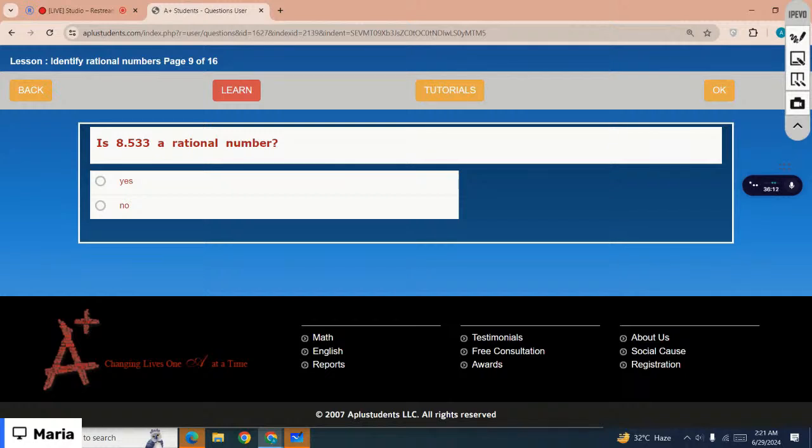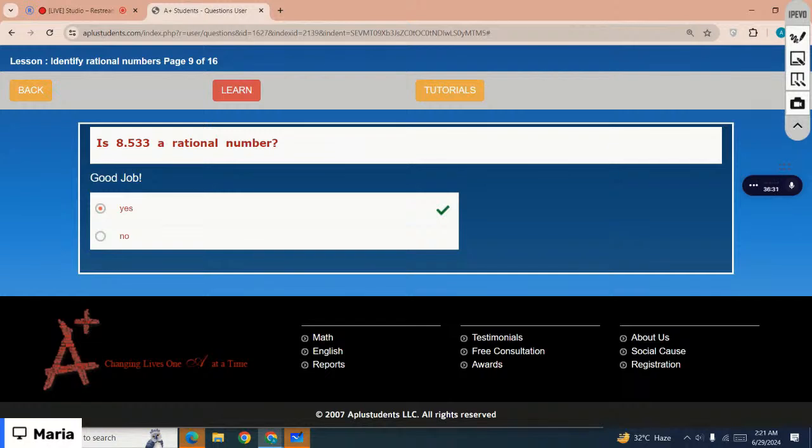Is 8.533 a rational number, which is the correct option? Yes, it is a rational number.